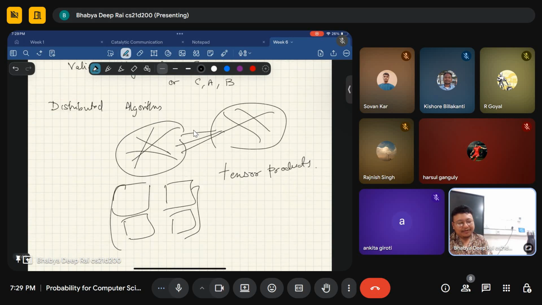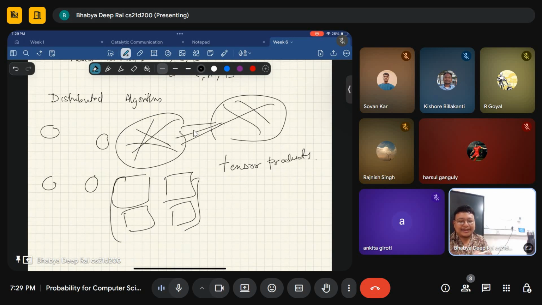You have several servers. They are holding different parts of the data. They need to compute a function together. In this case, they are holding different parts of a matrix, and together they need to compute the matrix multiplication. This is a very active field that is used everywhere.